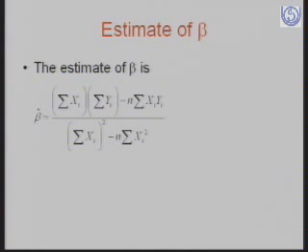That means from the model we take epsilon i, square it, and sum over all the observations, so that is summation epsilon i square, the sum of squares of the error terms. So we minimize this.